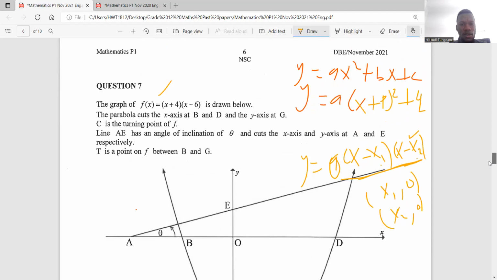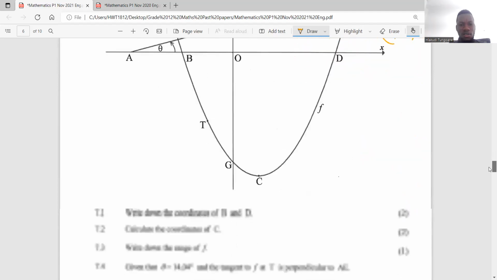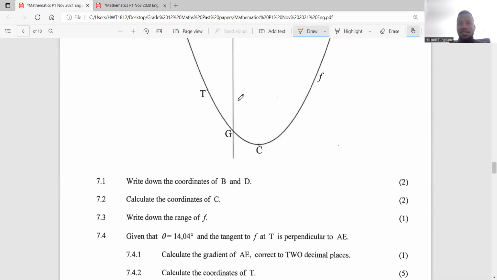Okay, so then they say the line AE has an inclination of theta, and cuts the x-axis at A and B. Okay, then they say T is a point on f between B and G. Let's look at T. Oh, there we go, we see T there.